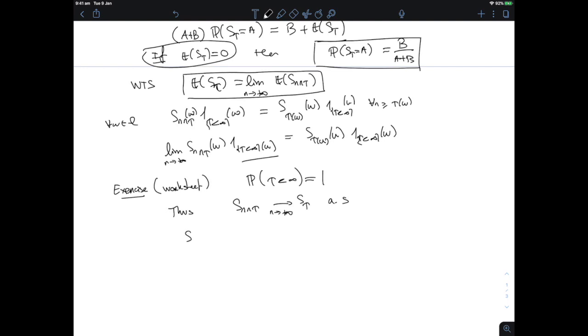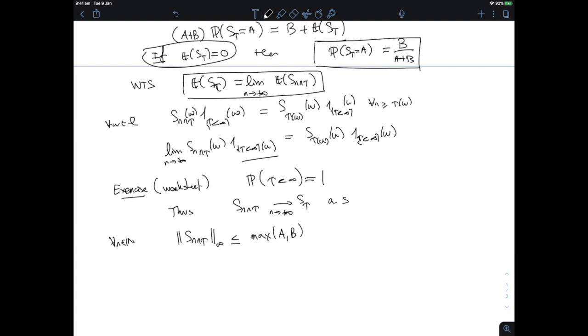Well, if I look at S_n minimum tau for any n, that variable actually is bounded, because either you're still in the interval minus b, a, or you've exited and you're equal to S of tau, and then you're equal to either a or minus b. So one thing for sure is that this variable stays between minus b and a, so it's smaller than the maximum of a and b.